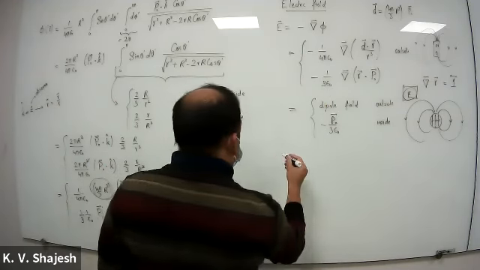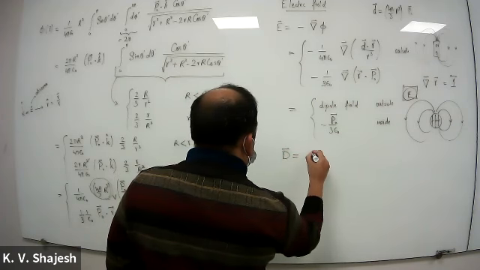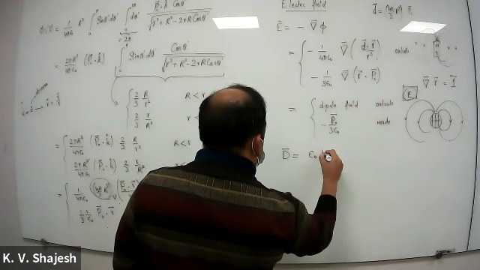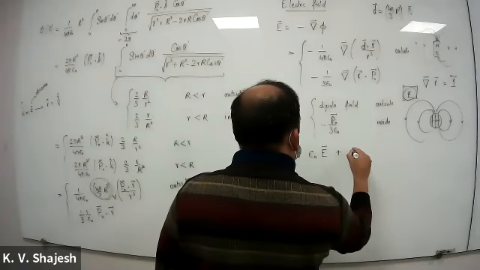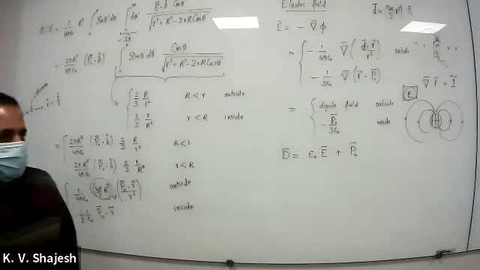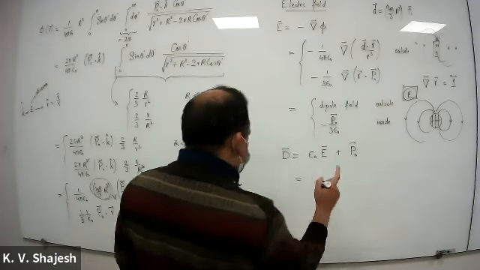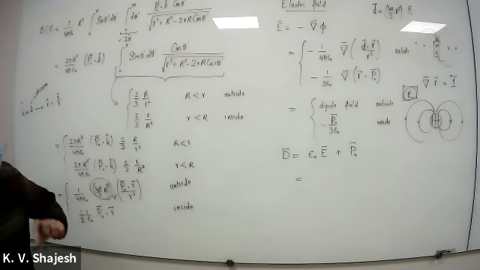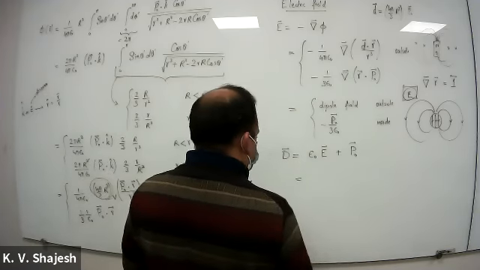But we said that displacement vector D is equal to epsilon E, the electric field itself, plus the polarization of the material. And if I were to add this, like we saw last time, inside the material they come in opposite direction.